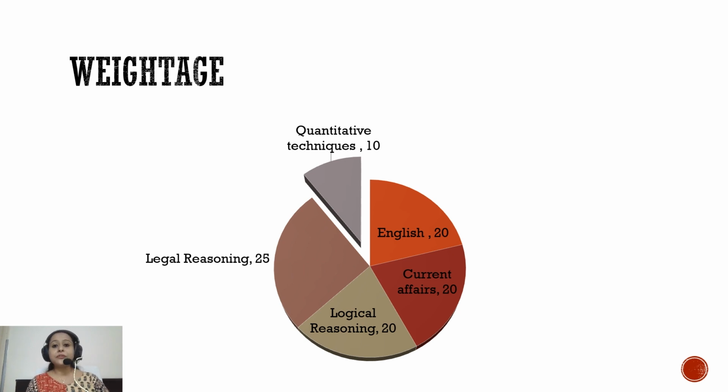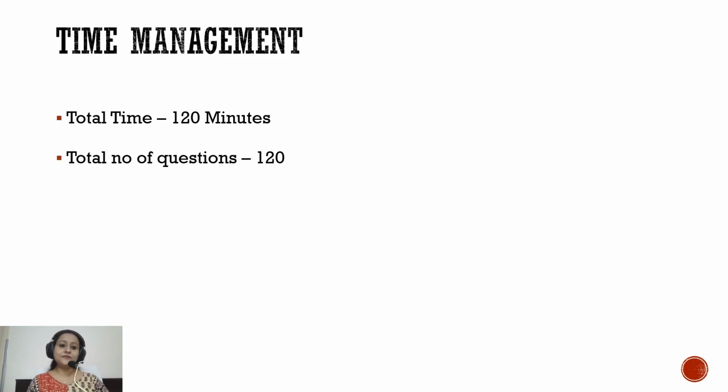So my request to all of you is to please try to learn the tools and techniques, which are generally not very difficult, right? And if you can apply them properly in solving those problems, you can score 100% marks under quantitative techniques.